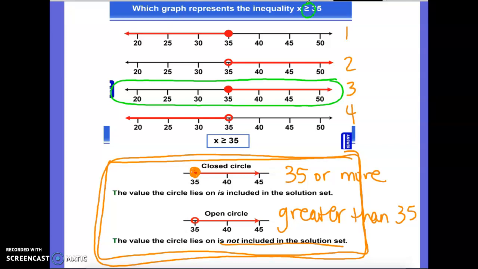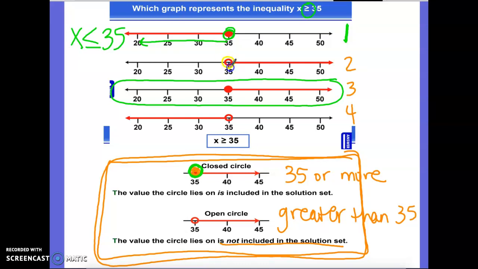So that means that for number 1, x is, well, it's less because it's to the left, less than or equal to because it has that closed circle. That means it could actually equal 35. Number 2, I'm going to use a different color so it doesn't all blend in here.